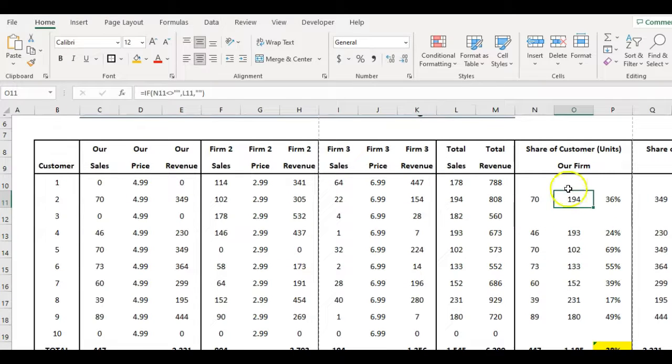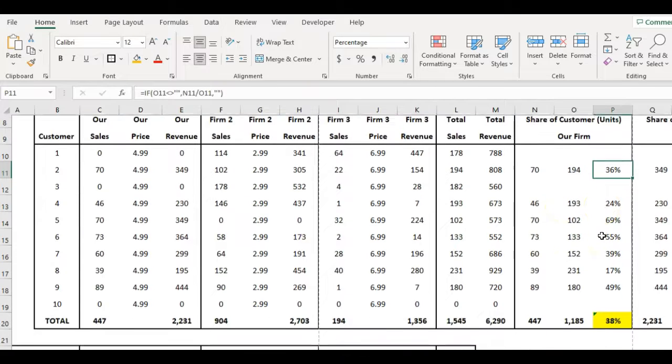So this formula says if N11, if there's something in there, if it's not equal to blank, or I could make it greater than 0, it doesn't matter, either formula, then give me their total sales in the market. And then I can work out for customer 2, in this case, we sold them 70 units, they bought 194 in total, we have 36% share of that customer.